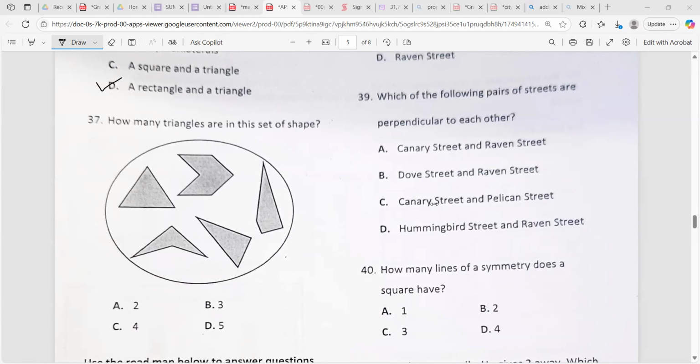Darren, you want to walk us through this one or you have a question? Hey, sir, I just wanted to ask a question. Yeah, go ahead.